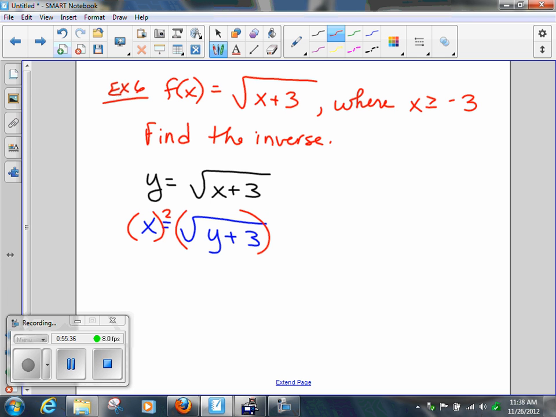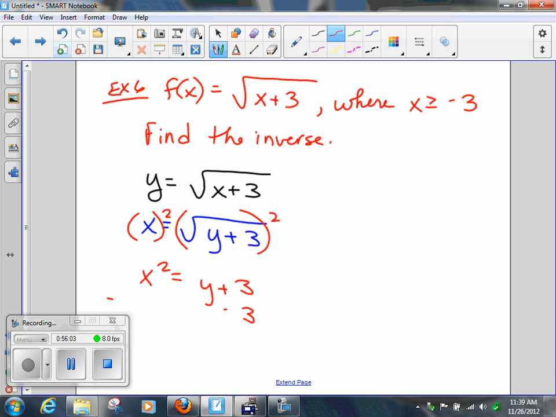Why are we squaring everything? It's the opposite of square root. And what are we trying to get by itself? The y. So we get x squared is equal to y plus 3, right? Minus 3.